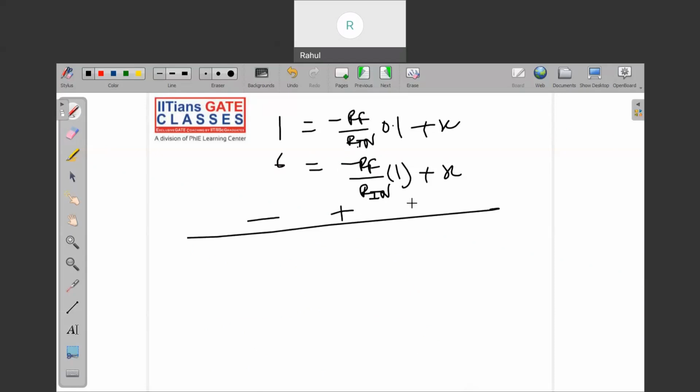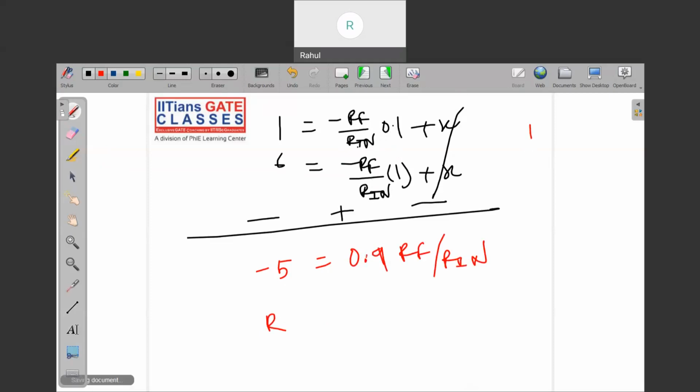Minus plus minus, so this will get cancelled, okay, and here you are getting minus 5 equal to, this is minus and this is plus, right? So you will get 0.9 Rf by Rin, right? This is 0.9 because it is 1 minus 0.1, so that is 0.9 only.